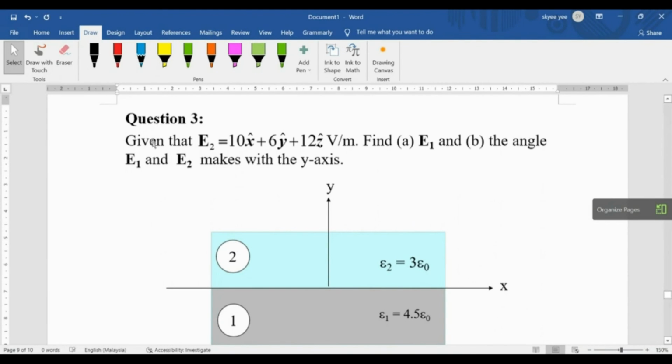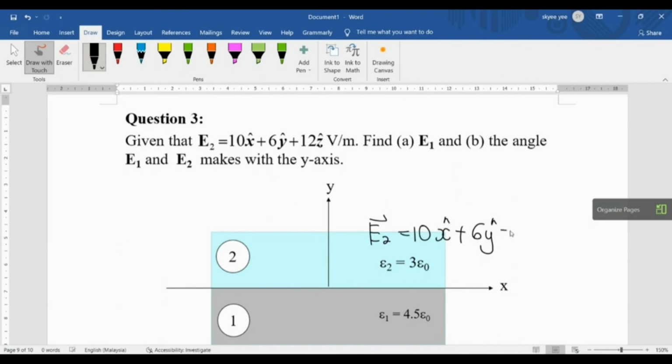Given that you have your E2, which is 10x plus 6y plus 12z, find E1 and the angle E1 and E2 make with the y-axis.